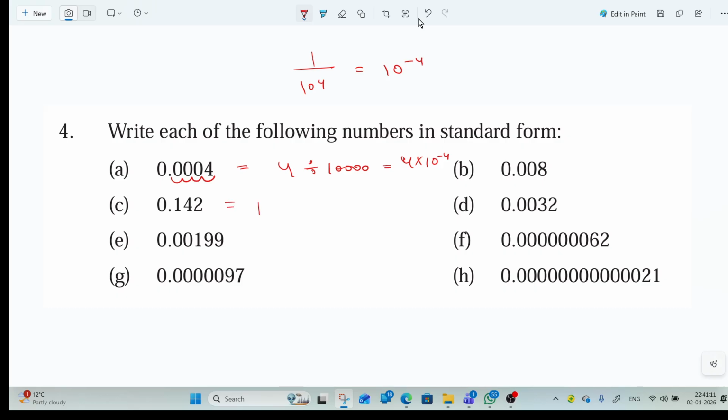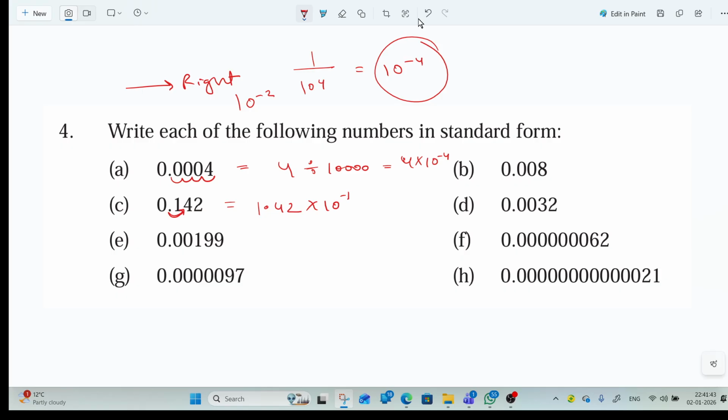This one will become 1.42. You will move the decimal here, right? Because you are moving it just by one digit, so you will get 10 to the power negative 1. When you are moving the decimal towards the right, the power will become negative. Basically, if we are moving two steps, you will get 10 to the power negative 2.